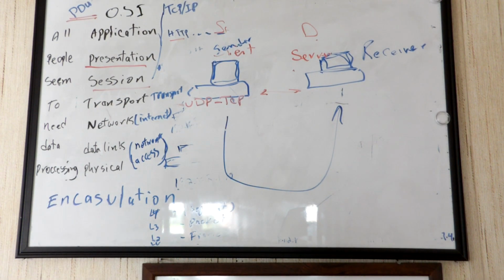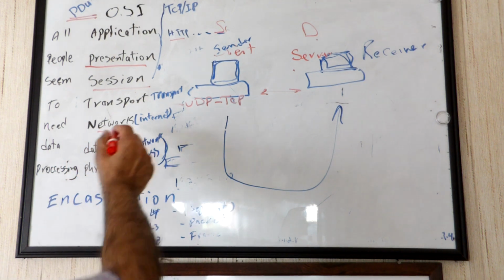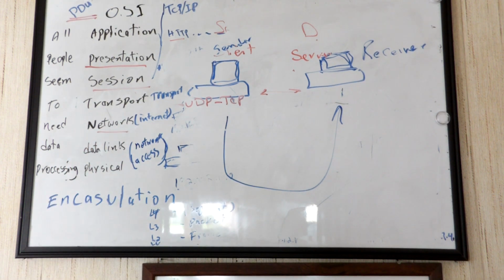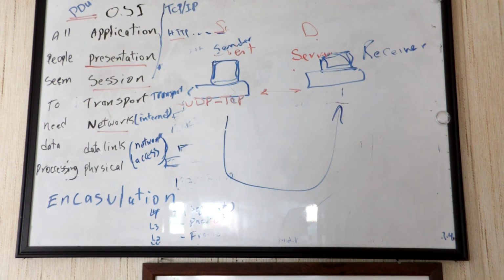Then we come to the network layer. It handles transmission of data from one host to another, and it decides which physical path the data takes.